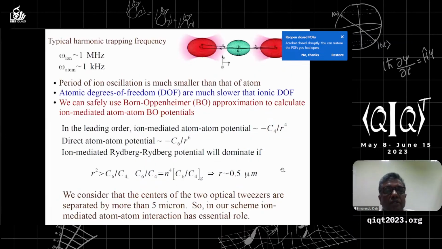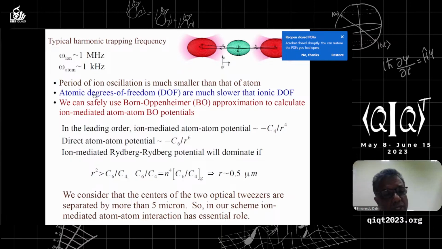Okay. As we discussed earlier, the typical harmonic trap frequency of an ion is 1 megahertz, and of an atom in an optical tweezer it is of the order of kilohertz. So there is a 3 orders of magnitude difference between the time periods of oscillation of an ion in the ion trap and of an atom in an optical tweezer. So there is a clear separation of time scales between the motions of atoms and ions.